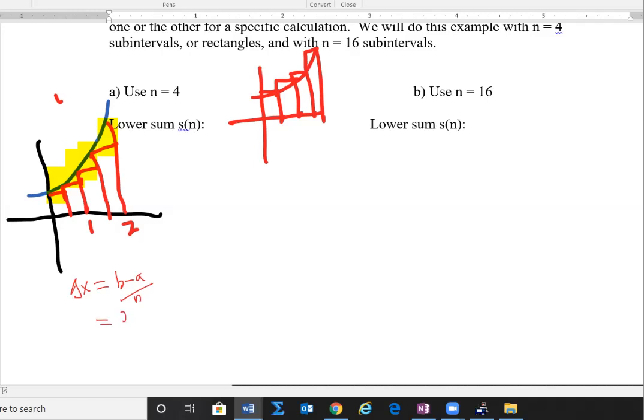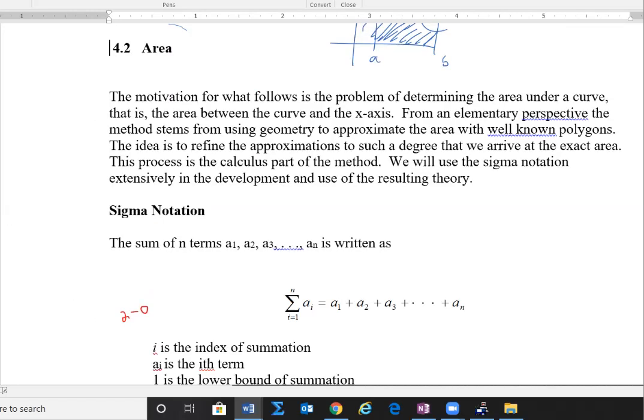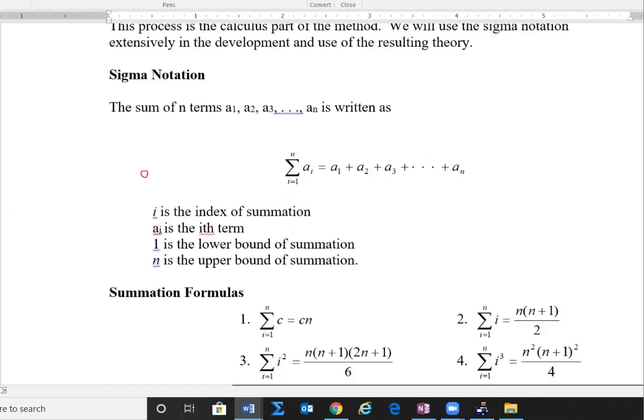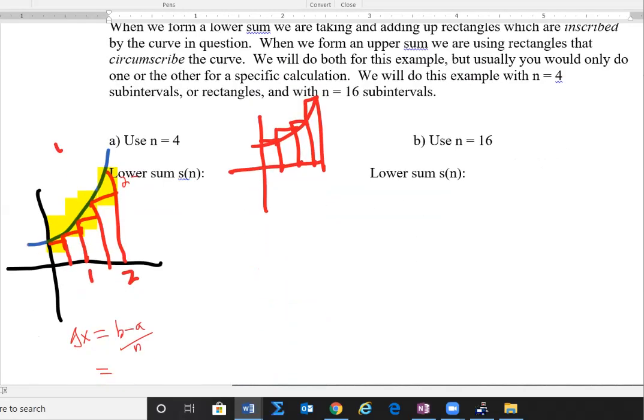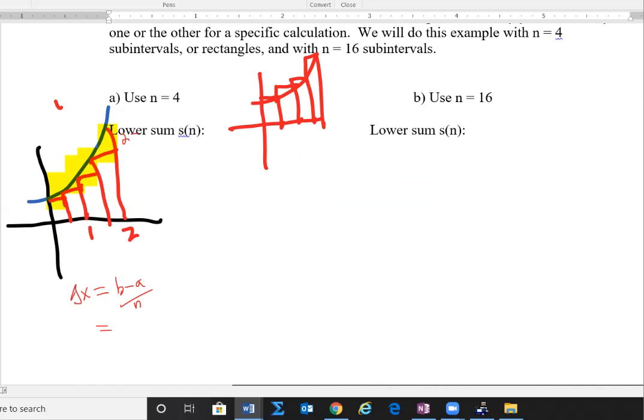So for us, that's 2 minus 0 over 4. So it's equal to 1/2. And you can see each one of those is half wide. That's the width of each rectangle.